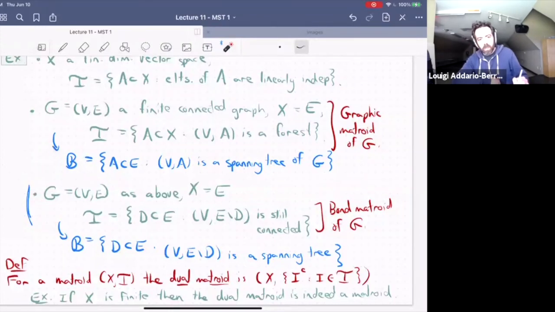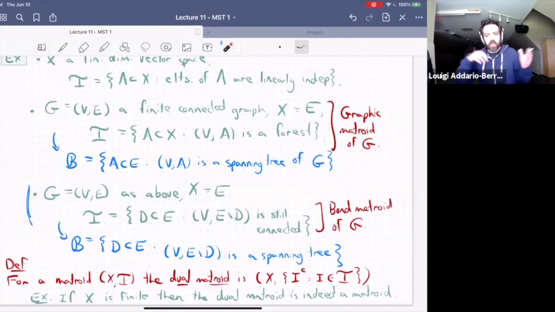But if you don't prove it that way, then you need to check the matroid property: if I have two sets of edges, each of which leaves the graph connected if I remove it, but one is bigger than the other, then I can take an edge from the bigger set and put it in the smaller set, and that still leaves the graph connected. So you need to check that the augmentation property holds, either directly or by verifying that dual matroids are always matroids.